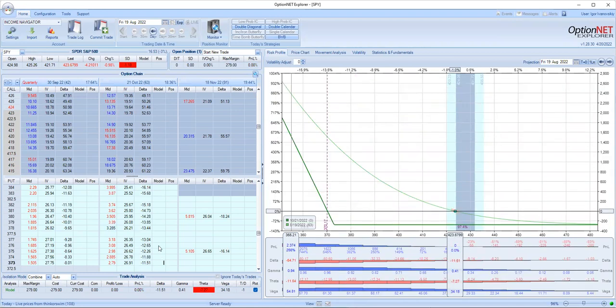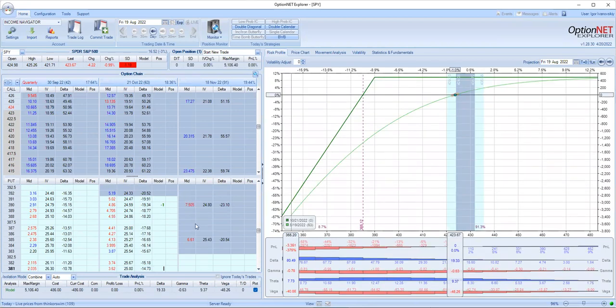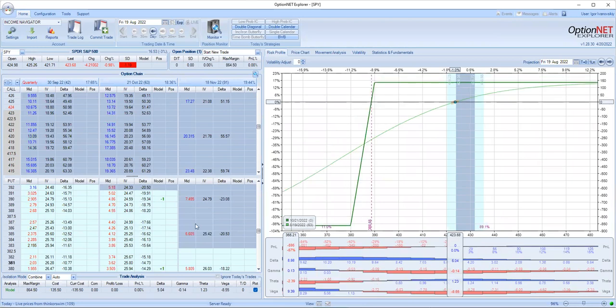Right? But if we go closer to a 20 delta, maybe we'll go 390, then we buy a 380. Right now we have an implied probability of profit close to 90%, and we get a $1.36 credit with about $864 margin.